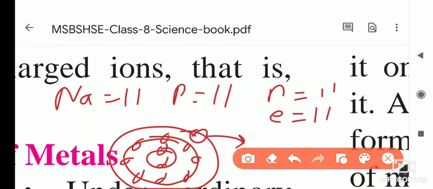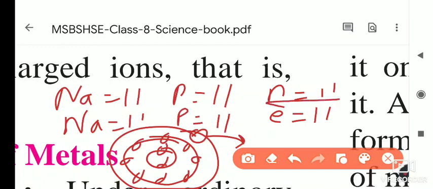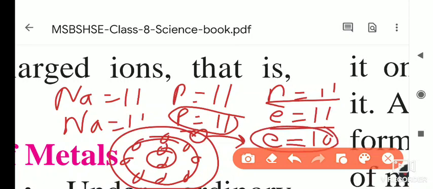Now, sodium's atomic number is 11, so protons are 11, neutrons 11, but after donating 1 electron it has 10 electrons. That is why the number of protons is more than the number of electrons by 1, and so it gets 1 positive charge, because it donated 1 electron.